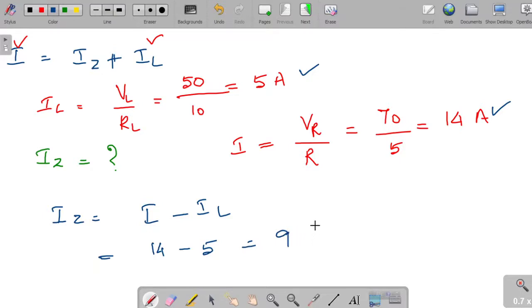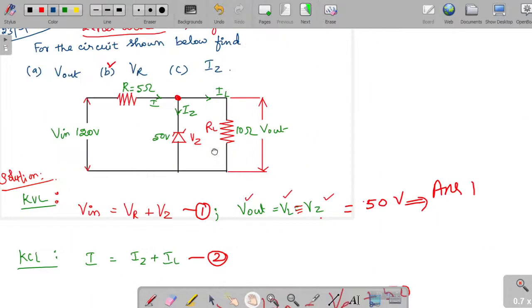Sorry, it is given in kilo ohms in the problem. I have written it as ohms, but it is actually given as kilo ohm. Anyhow, it's okay. So in the problem it is given as kilo ohm, and here also we have to mention it as kilo ohm.